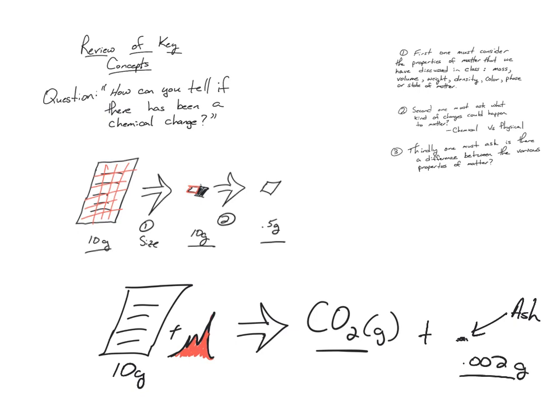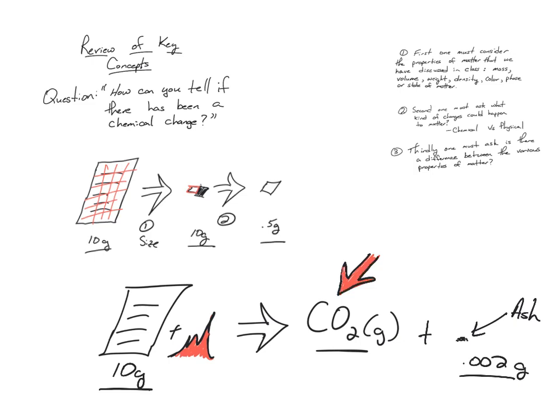I'm making that up. I have no idea how much mass would be left in the ash after you've burned it. But most of the mass of that paper is going to turn into carbon dioxide. I know that because I understand the concept of combustion, and that's not the idea that you have to take away from here.